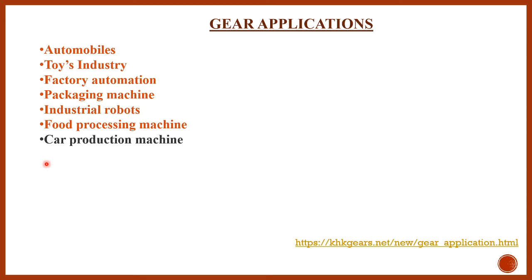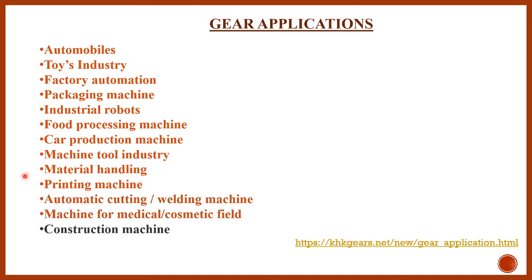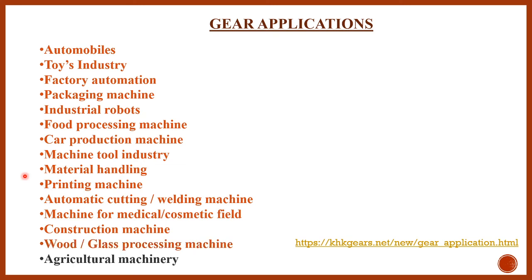Next, food processing machines, car production machines, machine tool industry, material handling equipment, printing machines, automatic cutting or welding machines, machines for the medical or cosmetic fields, construction machines, food or glass processing machines. Everywhere you will find the application of gears. Again, the last one, which is very important, is agricultural machinery, where you will also find the application of gears.